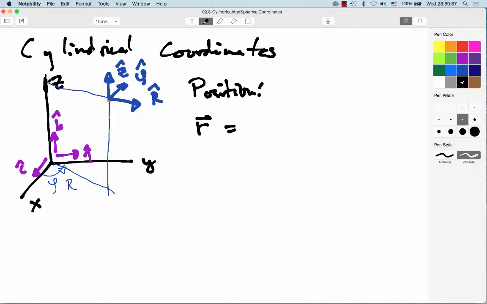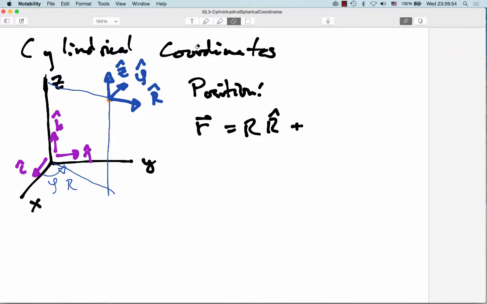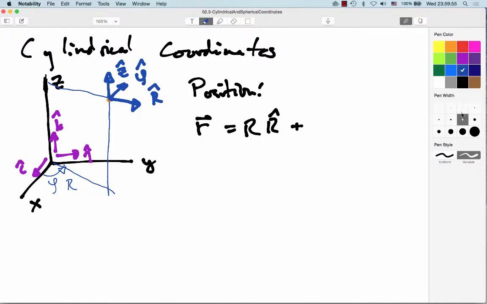And I just go in which direction? The r hat direction. So it'll be r hat. And on top, so that gets me to here, and then I need to go up some height z, like so. So it'll be plus z hat, and that's it.